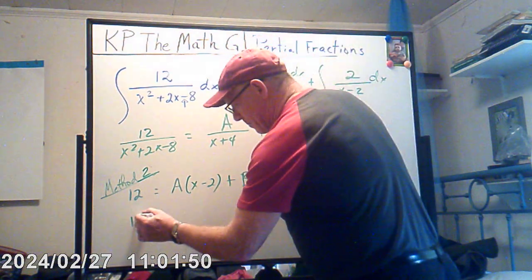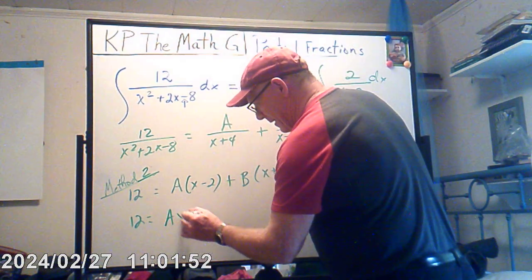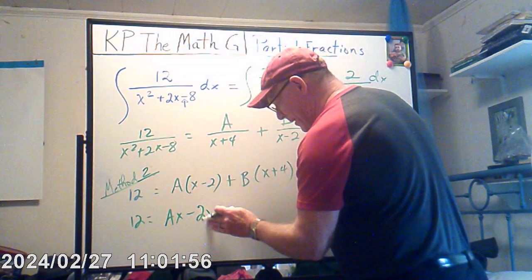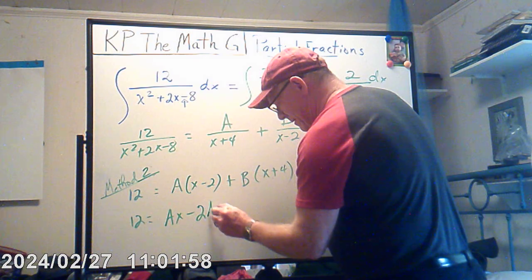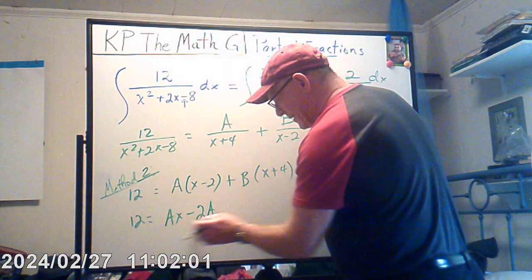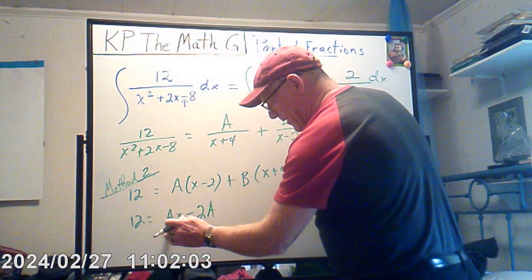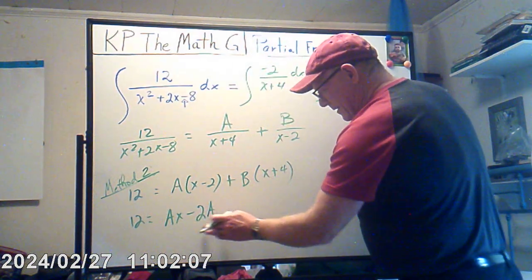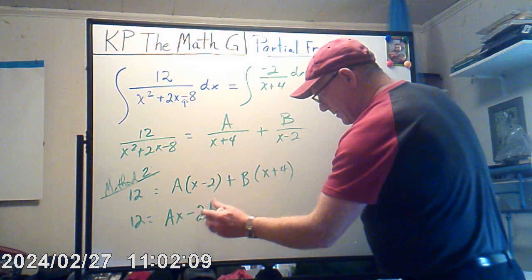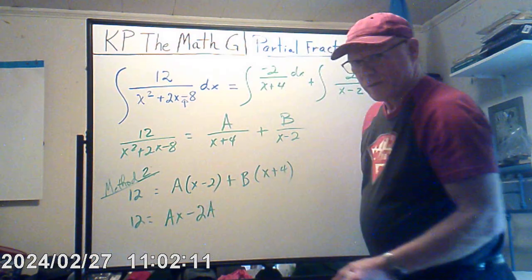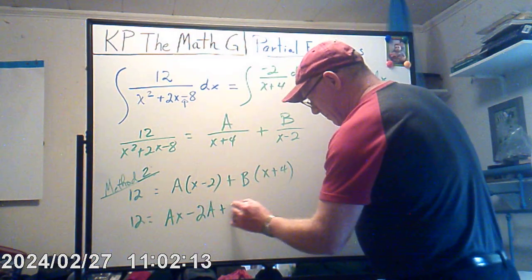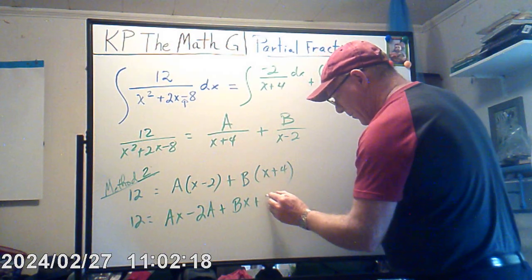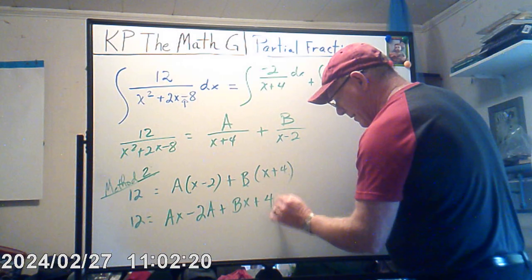If we were to just multiply this out, a times x, 2 times a, minus 2 times a. Now remember, a is like a constant. This is a coefficient here. This is a constant here, no coefficient. So anyway, this represents one number. Then bx, b is a coefficient here, and in this case 4b, b times 4, 4b.